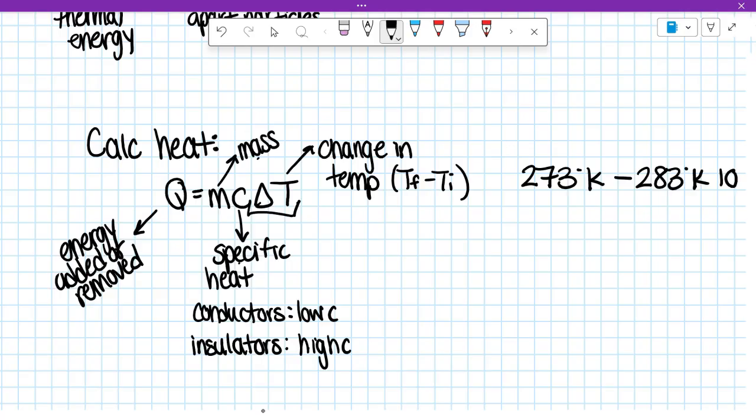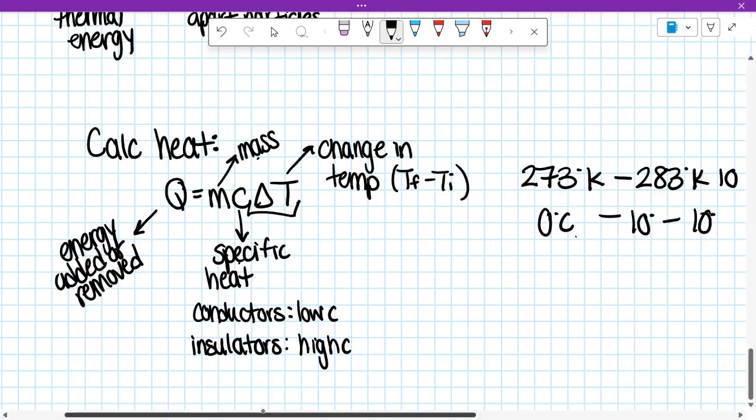Right? 273 degrees Kelvin is going to correspond to 0 degrees Celsius, and 283 degrees Kelvin is going to correspond to 10 degrees Celsius, and that's also a change of 10 degrees. So it doesn't really matter which scale we're in because it's a delta T. Now, where that will matter, of course, is if you're trying to find a T final or a T initial. So just pay attention to what your scale is in. Now, normally this specific heat is in degrees Celsius, so you'll usually see temperatures in degrees Celsius.